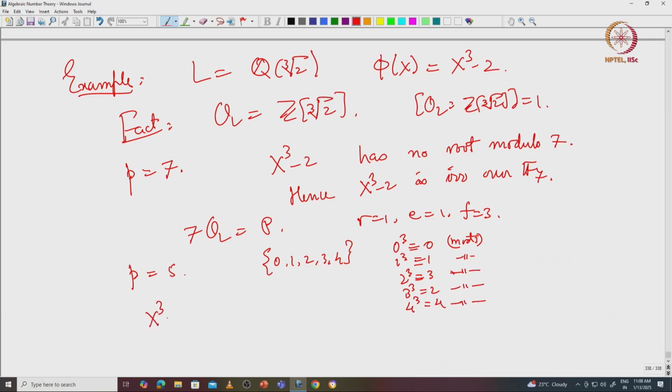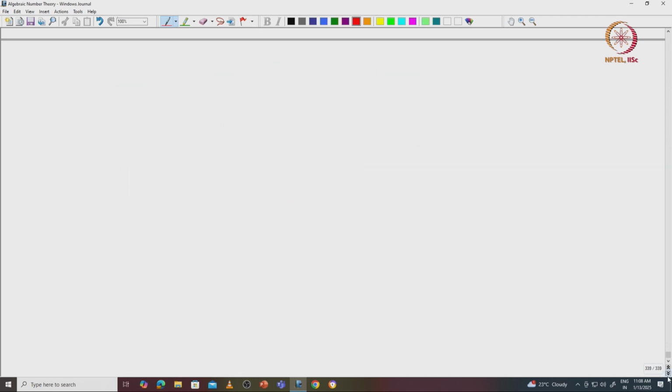So, x cubed minus 2 has a unique root in F_5, and it is not a multiple root.